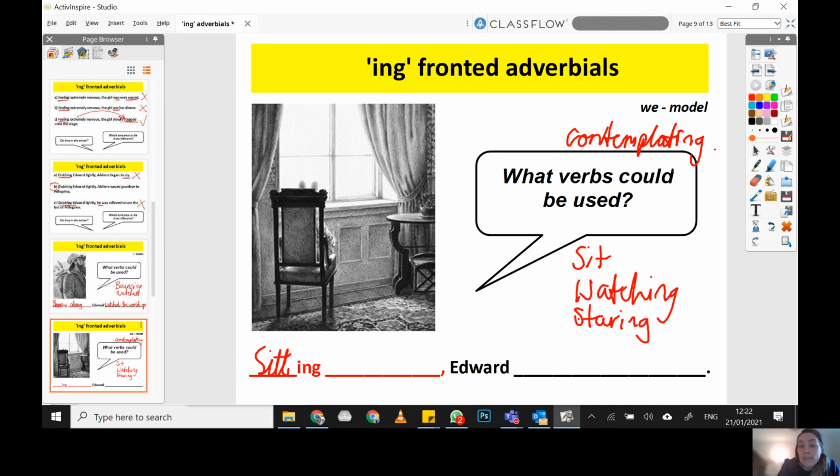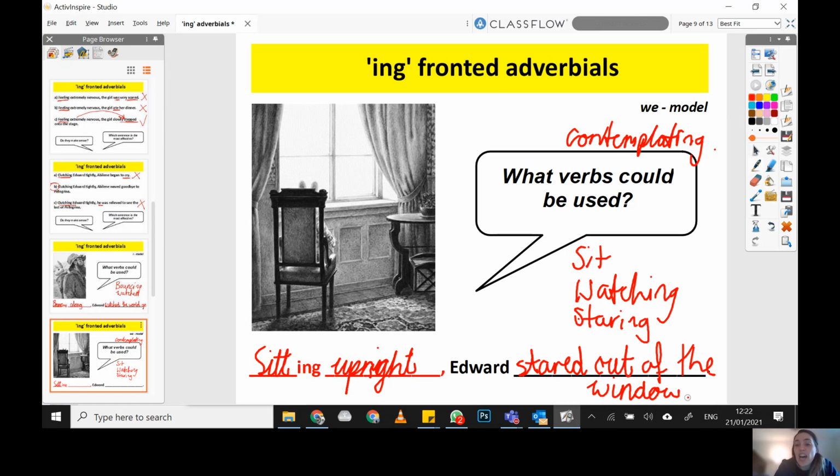And I could describe how he's sitting. Sitting upright. Oh my goodness, I'm struggling, aren't I? Upright. Right. Just about see the I in there. Sitting upright, Edward stared out of the window.